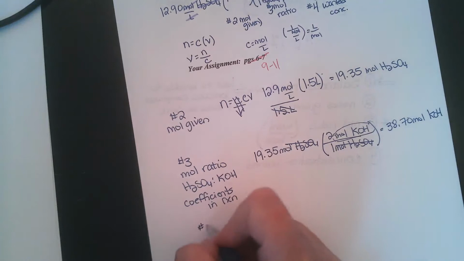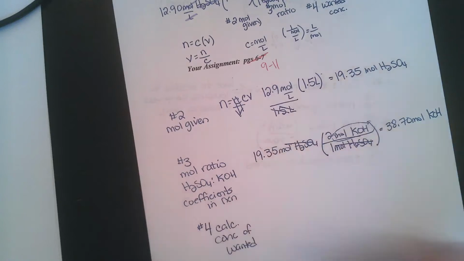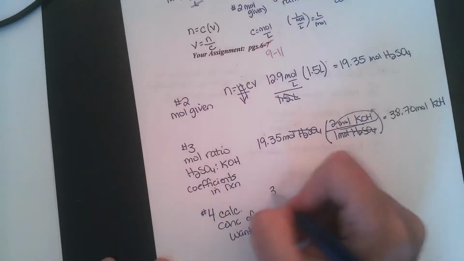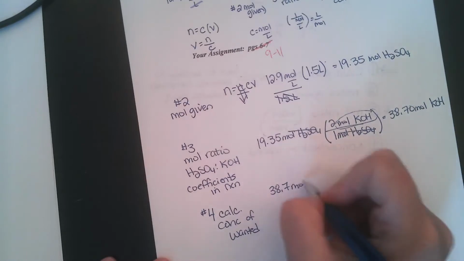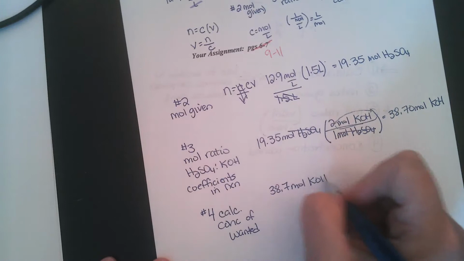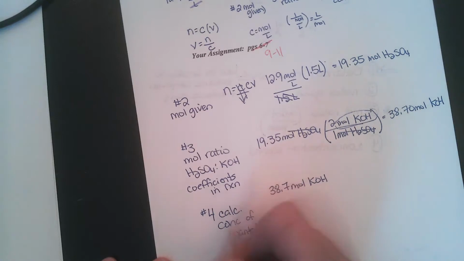Then in step number 4, which is calculate out the concentration of our wanted solution, I'm going to go 38.7 moles. You're going to have kept all of your decimals to this point, and concentration is equal to, I'm not looking for concentration, I am looking for volume.